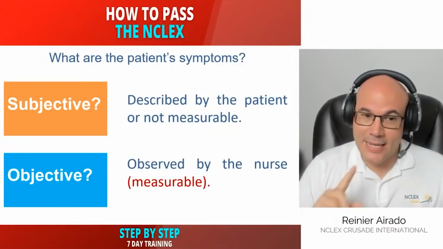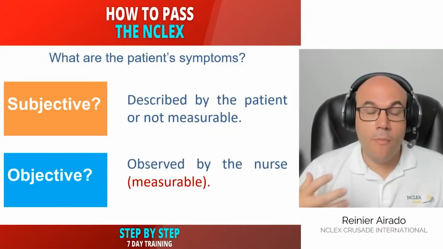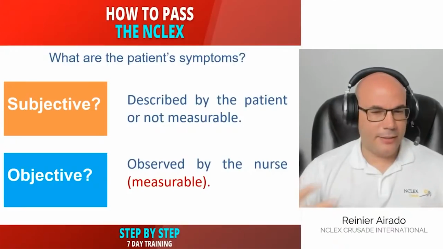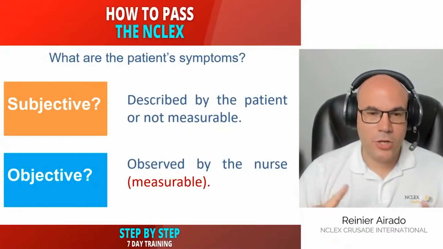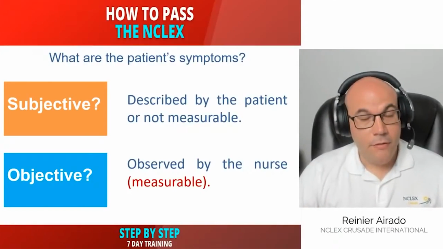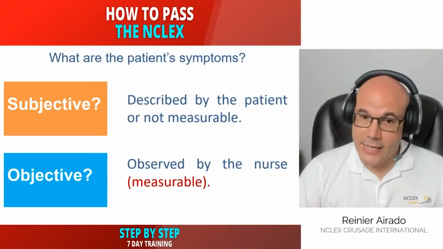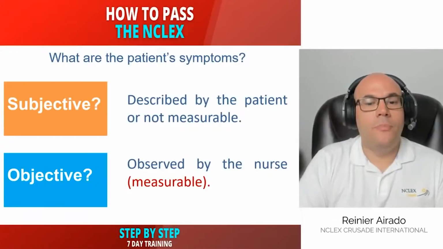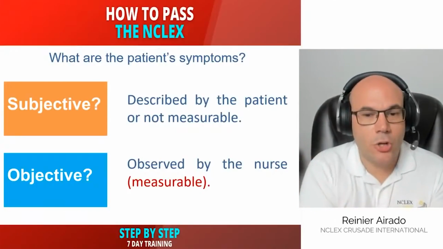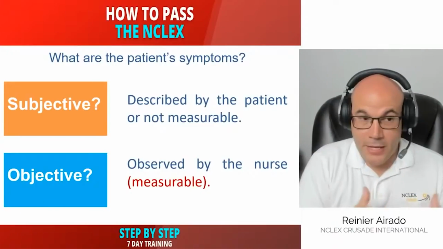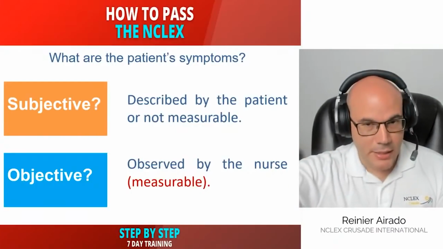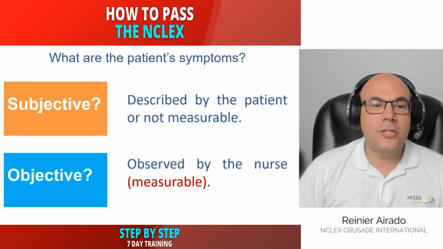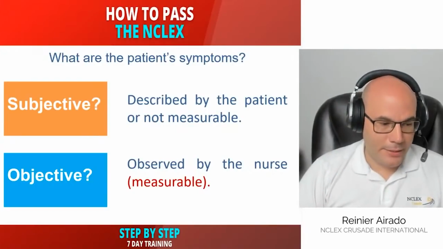Because in scenarios where the information they're giving you is subjective and not clear, most of the time the answer is going to be an assessment. Versus if you see a scenario with objective, measurable data, especially objective data and an emergency, usually the answer is an implementation.